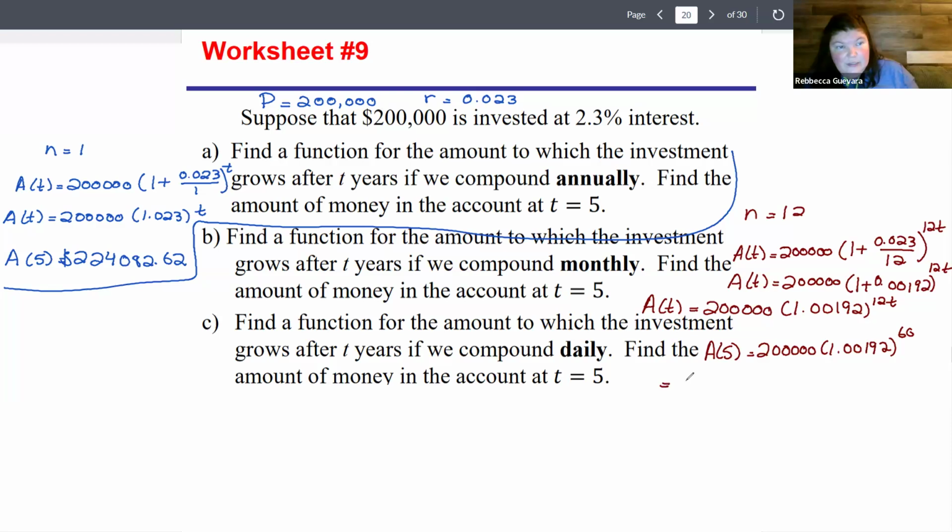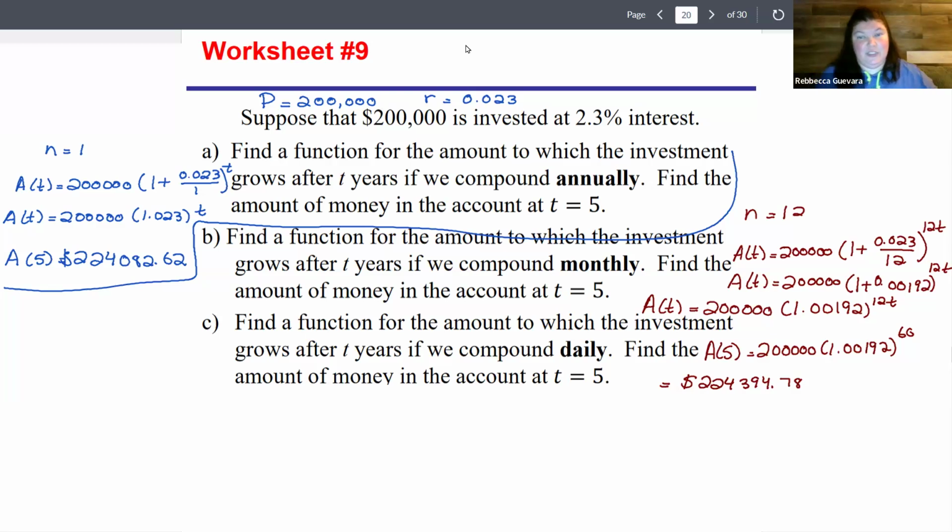And what we get here is that your investment is now going to have grown to $224,394.78. So what you see is that I got about $300 more by just compounding monthly. So when you change how much you compound by, it will change your final answer.